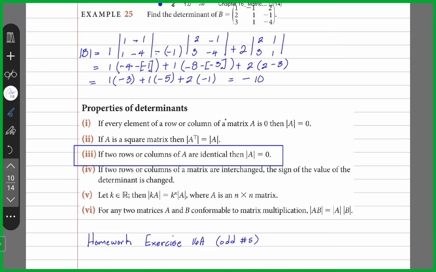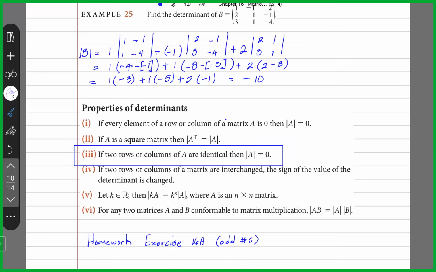Let K be an element of the set of real numbers, then the determinant of KA is equal to K to the n times the determinant of A, where A is an n by n matrix. Interesting stuff.